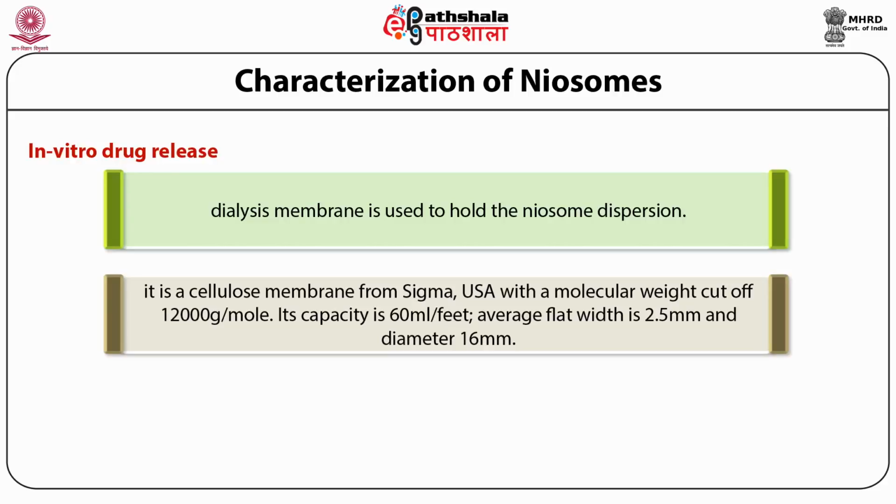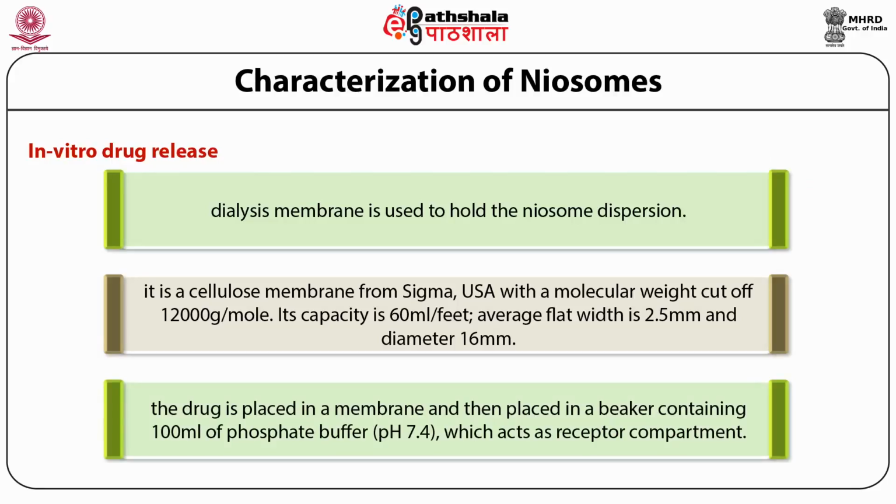In our experiment, we used a dialysis bag of molecular weight cutoff 12,000 grams per mole, with a capacity of 60 ml per foot, a flat width of 2.5 mm, and a diameter of 16 millimeter. The drug is placed in the membrane and is then placed in a beaker containing 100 ml of phosphate buffer of pH 7.4.